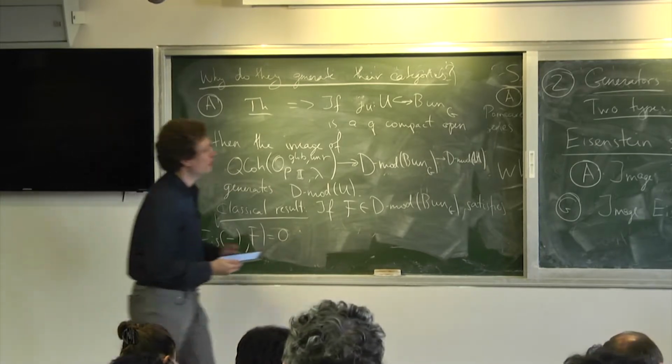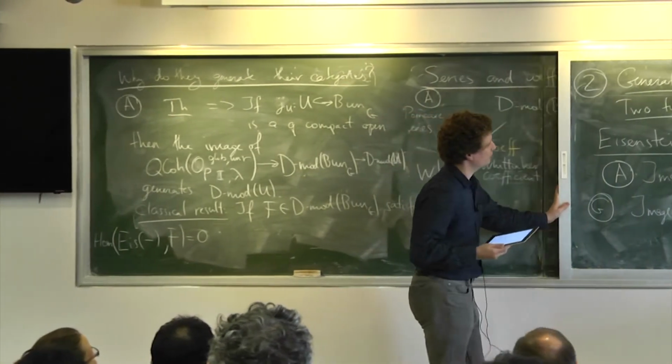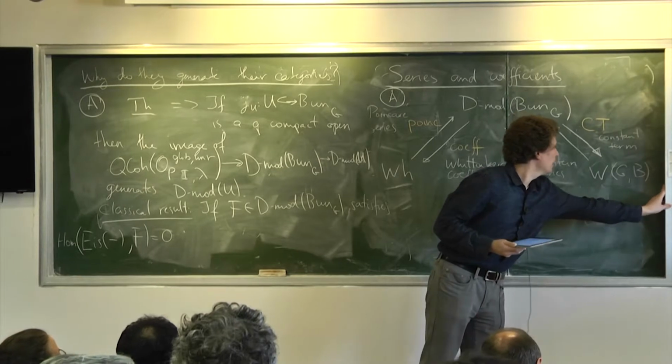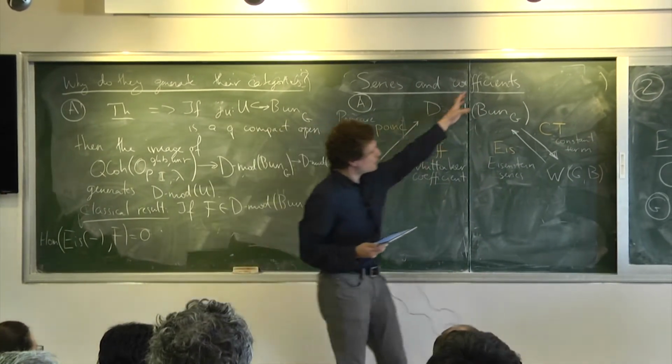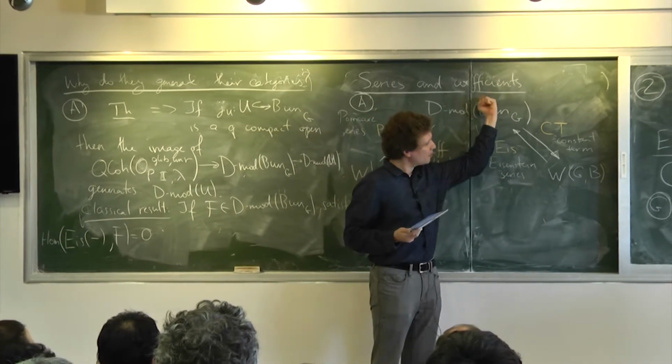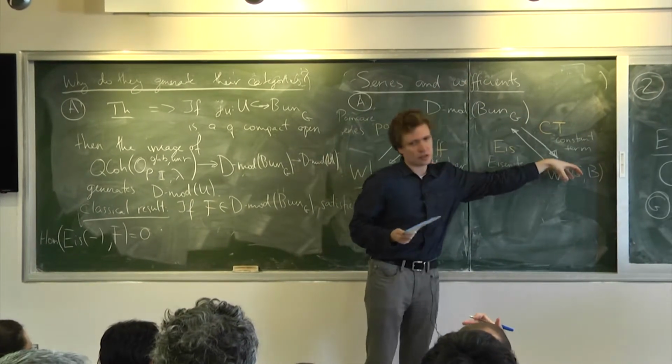And by the way, by these adjunction relations, this is equivalent to saying that it's orthogonal to anything coming from here. It's the same as saying its constant term is 0.